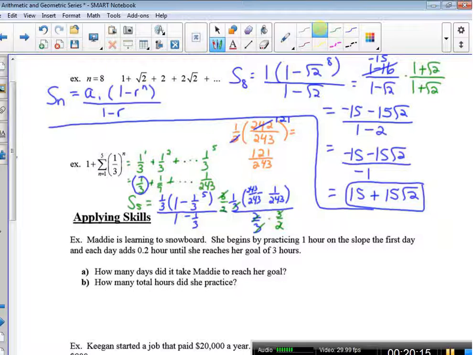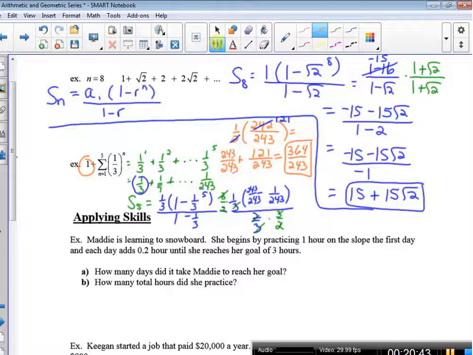And then I need to add on this one piece on the end, so it's really 1 plus, which is really just 243 over 243. If I convert 1 to 243 over 243, my final answer is 364 over 243.